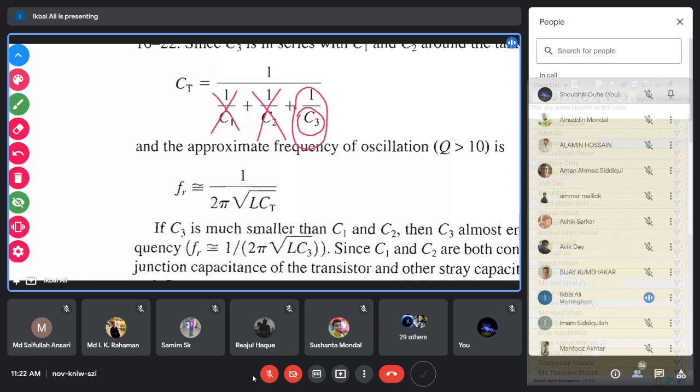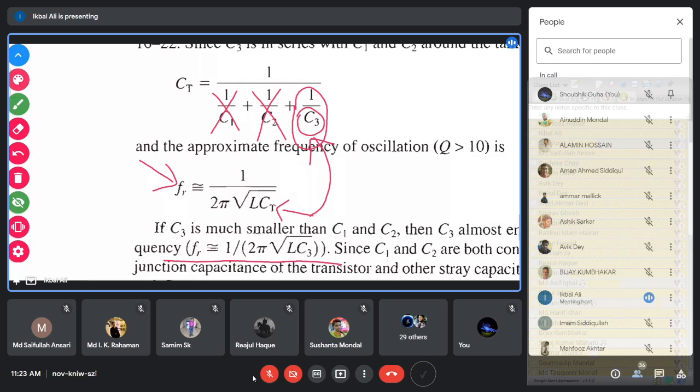The frequency expression will approximately be 1 by 2 pi root over LCT, where CT is equal to C3 only. So the approximate frequency expression will become 1 by 2 pi root over LC3.